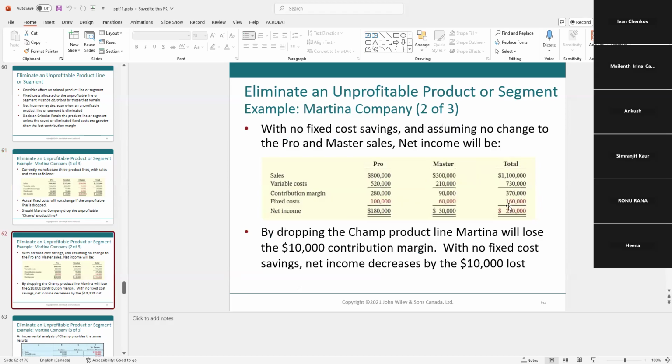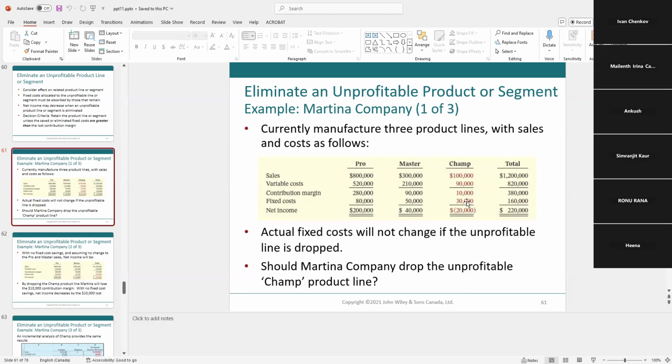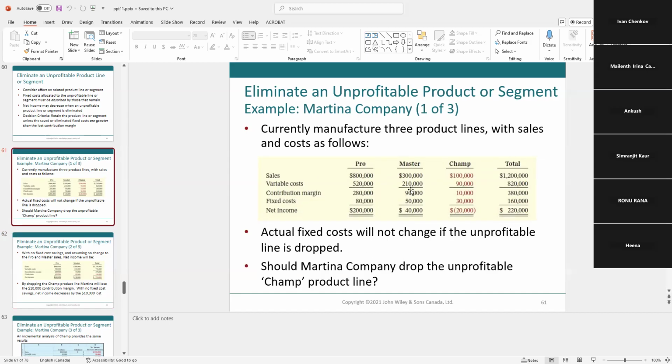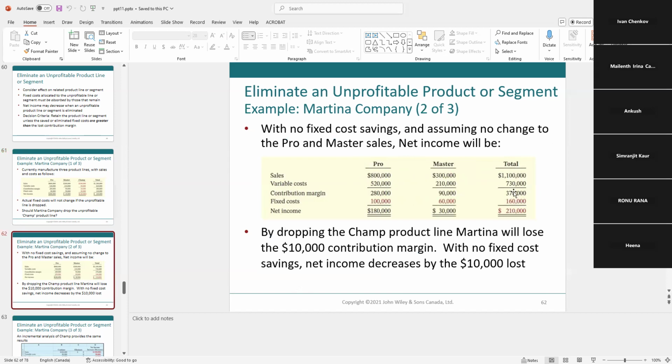So if that stays and we eliminate Champ, first our sales are going to stay only $1,100,000, not $1,200,000. Then my variable cost is going to be $730,000, not $820,000.